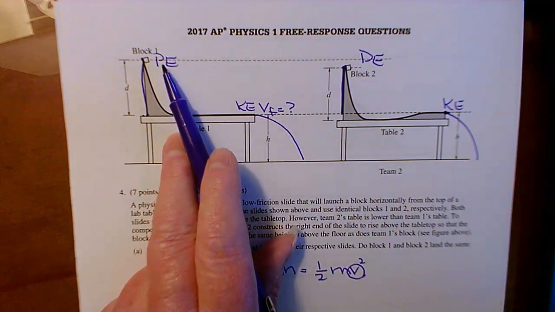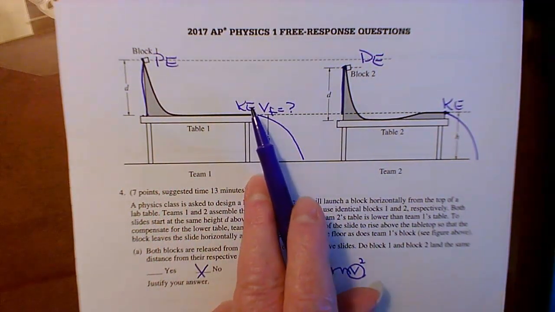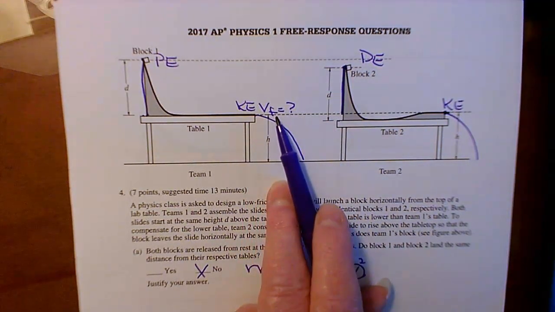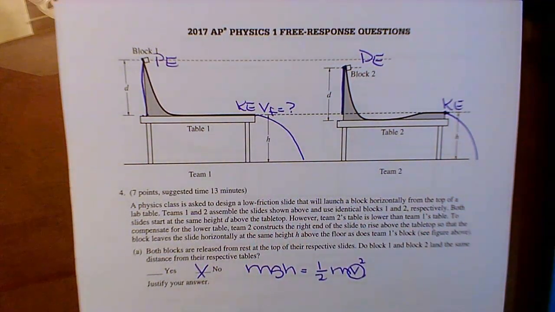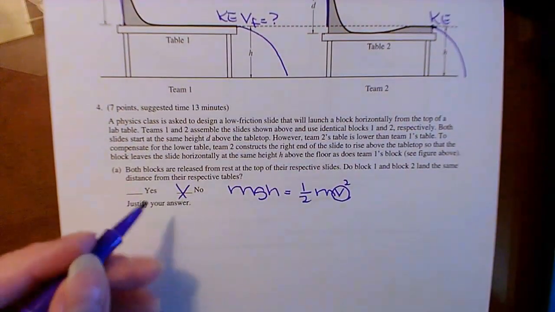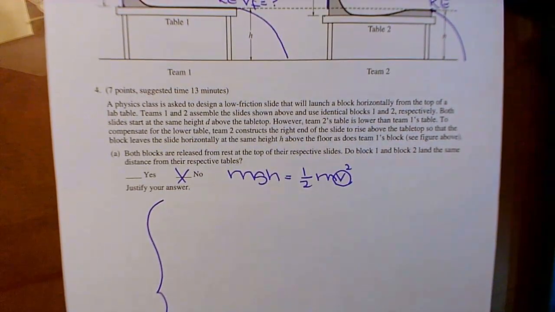More potential energy gives a greater kinetic energy, a greater kinetic energy gives a greater velocity, and a greater velocity will land farther than a lesser velocity. You just have to explain that in words in this section. They do not want a bunch of equations or numbers; they want you to justify that as an explanation.